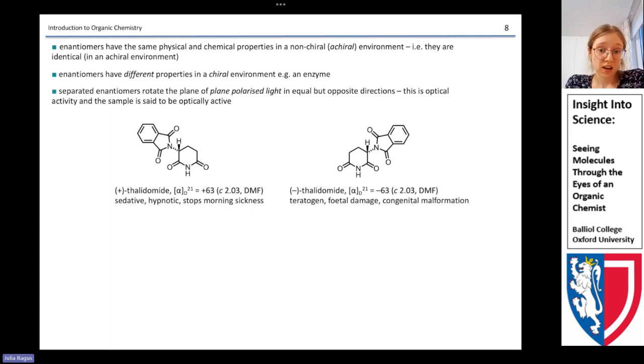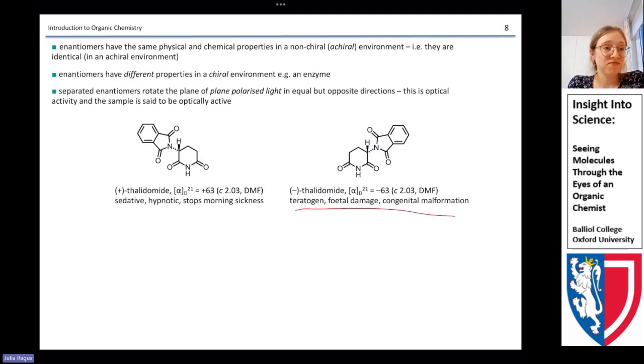And because they didn't notice that there are two enantiomers in that mixture, or that the other enantiomer is basically a poison, there were over 10,000 cases where the pregnancies were damaged and kids were dying basically because of the minus enantiomer.